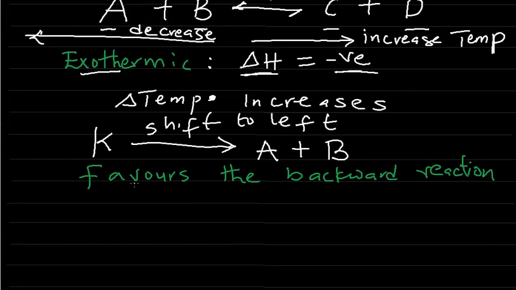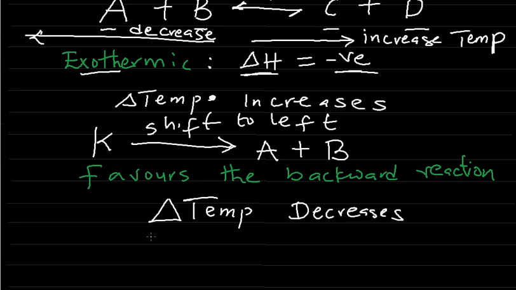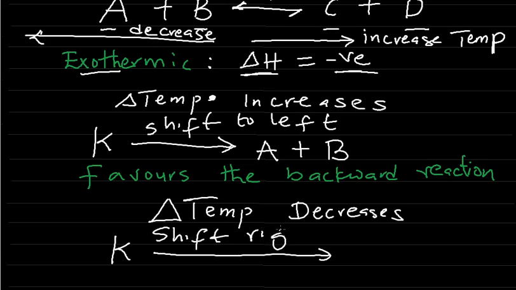But on the other hand, if the change in temperature is such that it decreases, if the temperature of the system decreases, then the equilibrium will shift this time to the right, because if you decrease the temperature, the equilibrium will shift in the direction of increase, and the direction of the increase is the direction of the forward reaction.